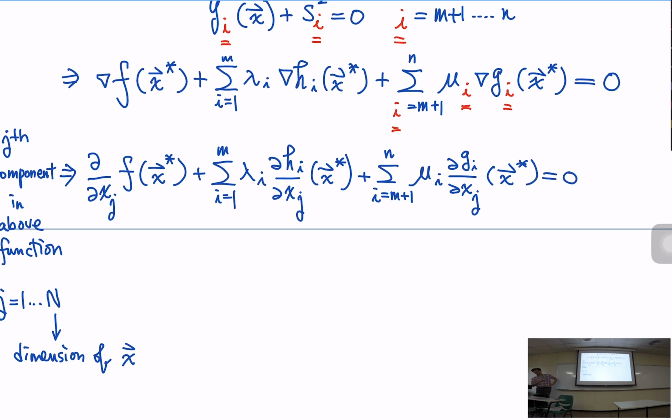If you would like to write them down, this is how it looks. The whole equation looks like this. The details are there. This is a very important equation.